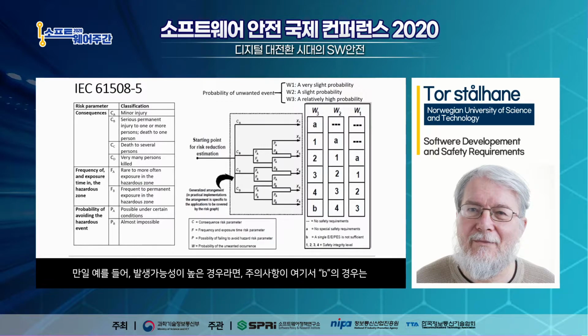If we have a relative high probability, we would be forced to use SIL 1. And note that there is an issue here called B, saying that at this point, which is just all the baddies, you cannot use a single system, you need a dual channel system.